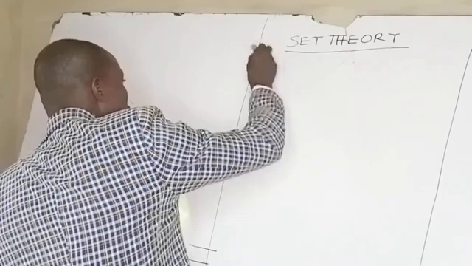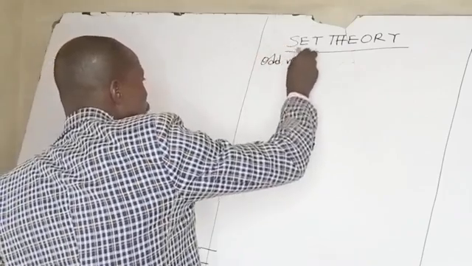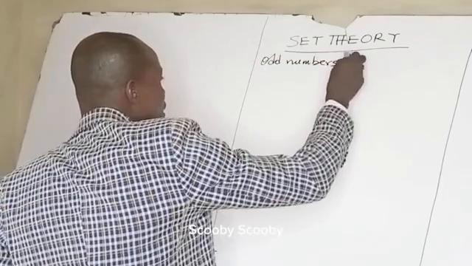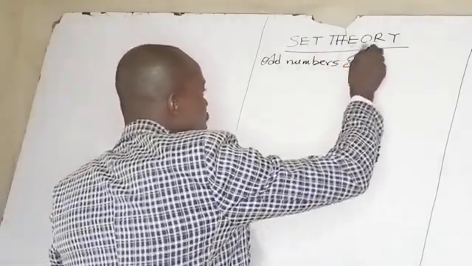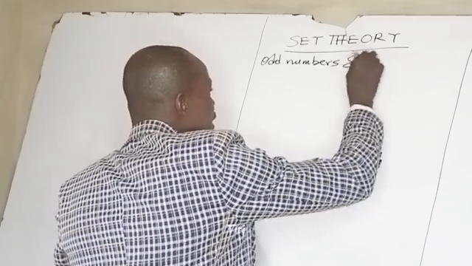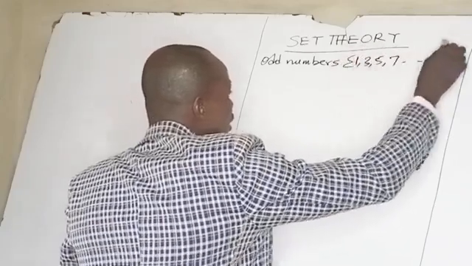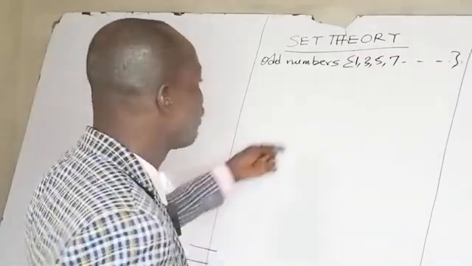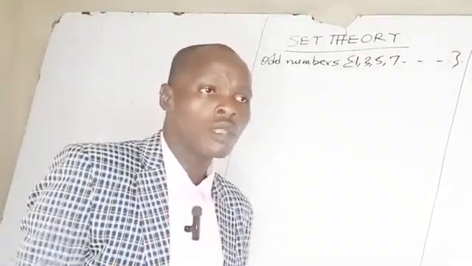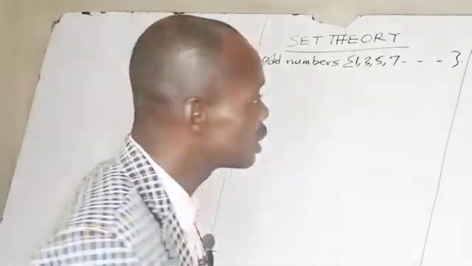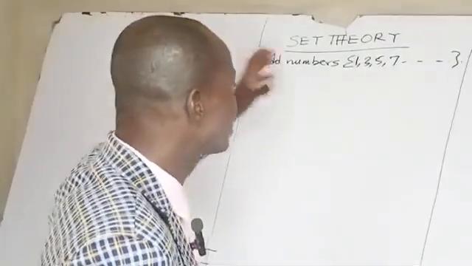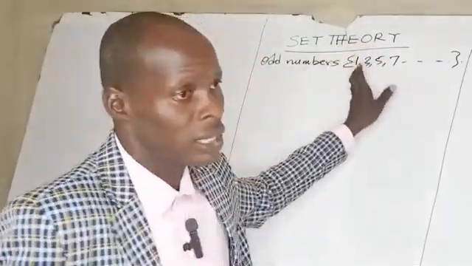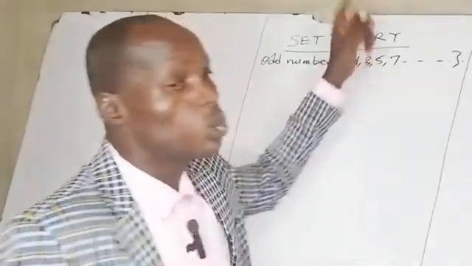It could be a set of odd numbers. Remember, odd numbers are numbers that cannot be divisible by 2, such as 1, 3, 5, 7, etc. It could be a set of even numbers, such as 2, 4, 6, 8, 10, etc. It could be a set of natural numbers, numbers from 1 to infinity.